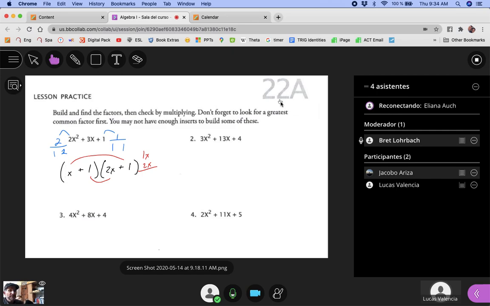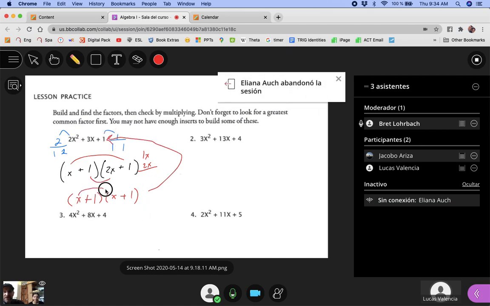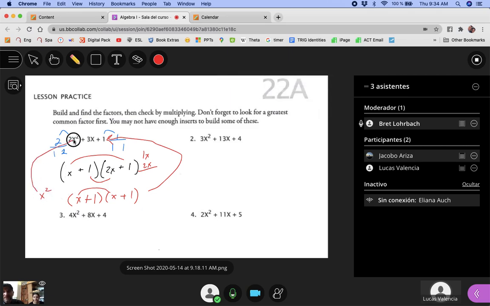We all understand? Yeah. Again, this example was too easy. Let me finish saying something for you, Lucas. If we did not put the 2x there, this does not give me the product up there, because x times x will give me x squared, not 2x squared.